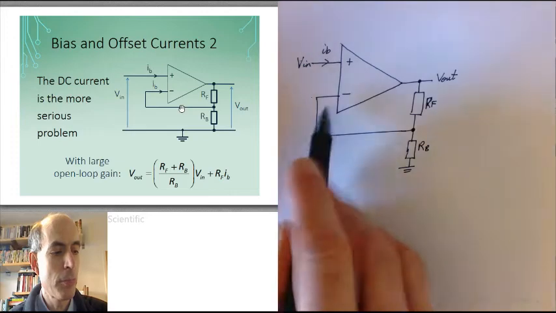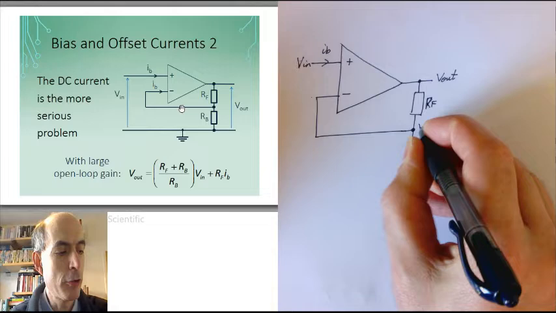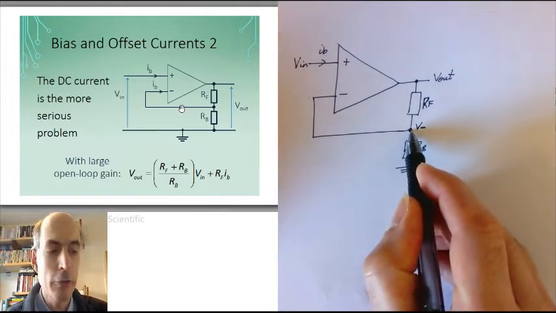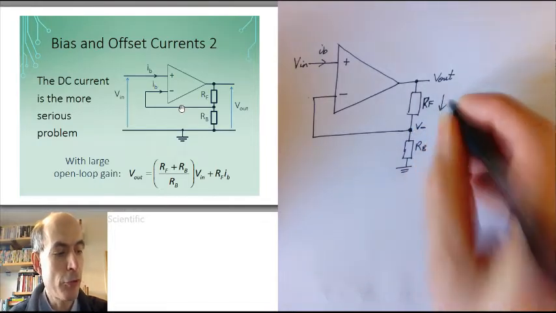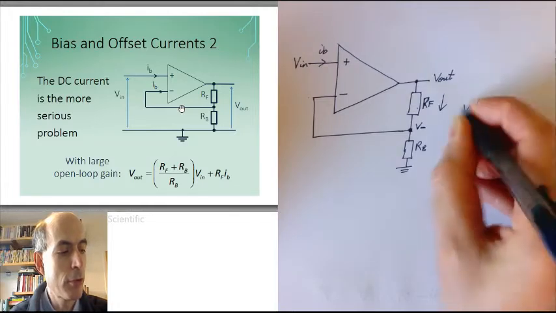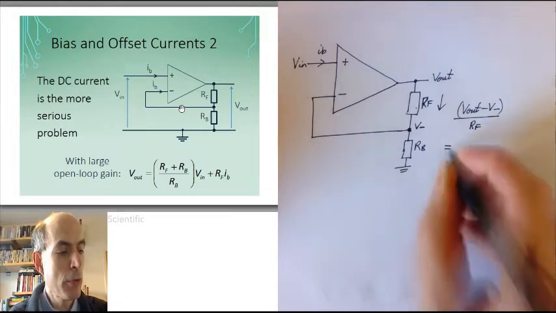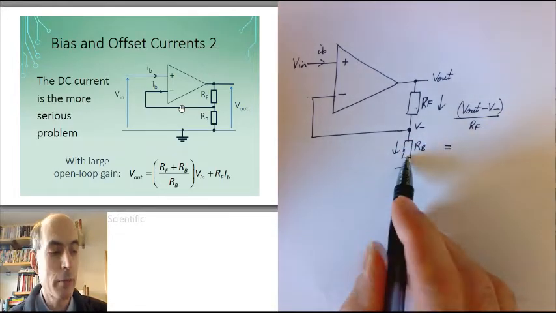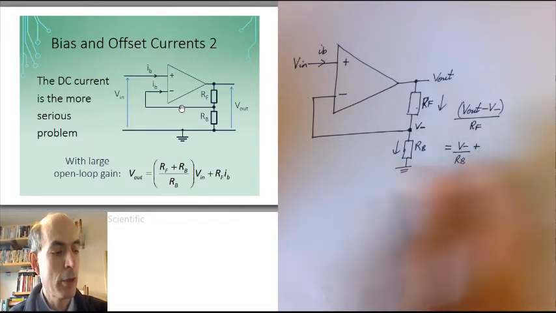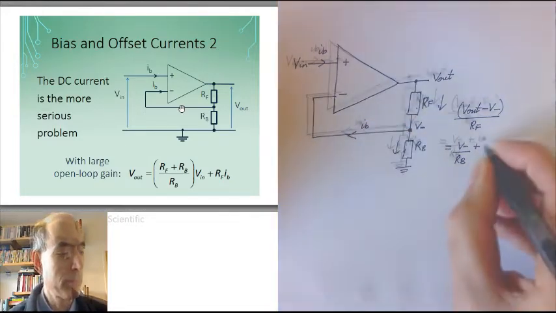Consider the voltage at this point here, the inverting input to the op-amp. I'll call it V-. At this node in the circuit, we can apply Kirchhoff's current law. The current flowing down through RF is (Vout minus V-) over RF, and that must be equal to the sum of the current going down through RB, V- over RB, plus the current flowing into the input of the op-amp, IB, the bias current.